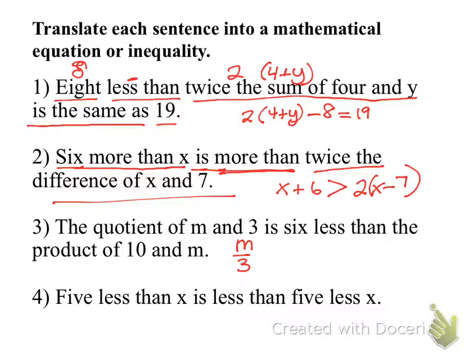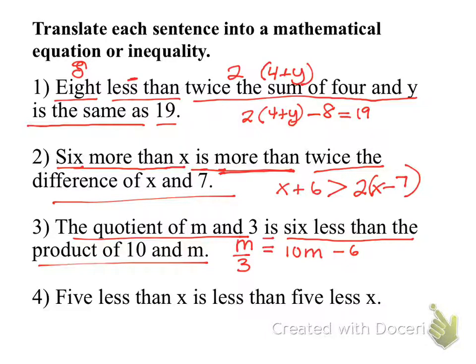No, just the word is. Equal, right? So I've got the quotient of m and 3 is. Now we have 6 less than the product of 10 and m. Good. Okay. So do you see how you break it up as you're looking at it?